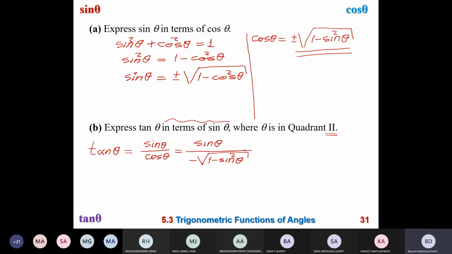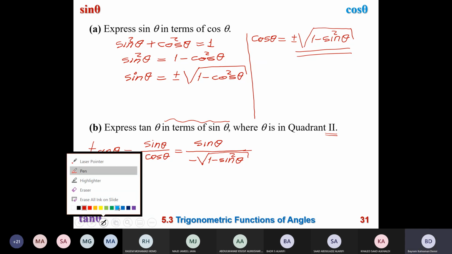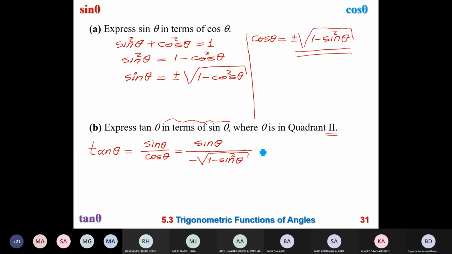If you like to multiply the up and down by positive root of 1 minus sine square, then what do you get?